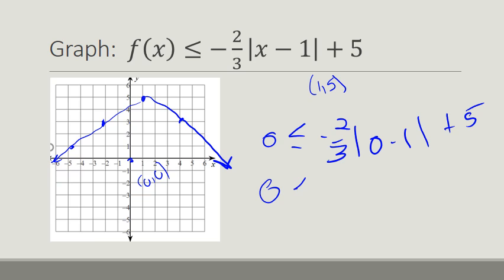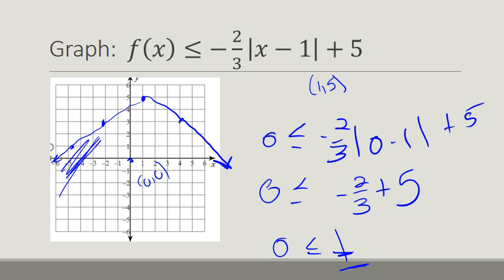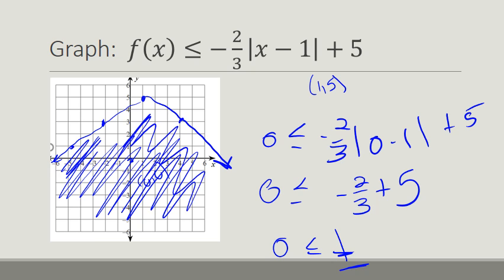So 0 is less than or equal to negative 2/3 plus 5, and that's going to be a positive number. So 0 is less than or equal to some positive number. I don't even need to go any further than that. That's true. So I shade on the side where I found the point, and that would be underneath my little eaves.